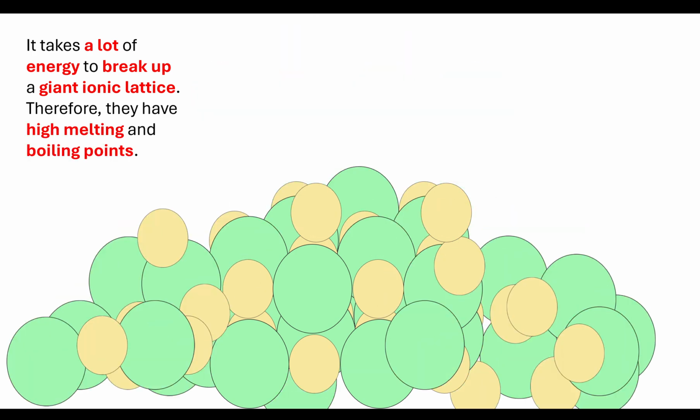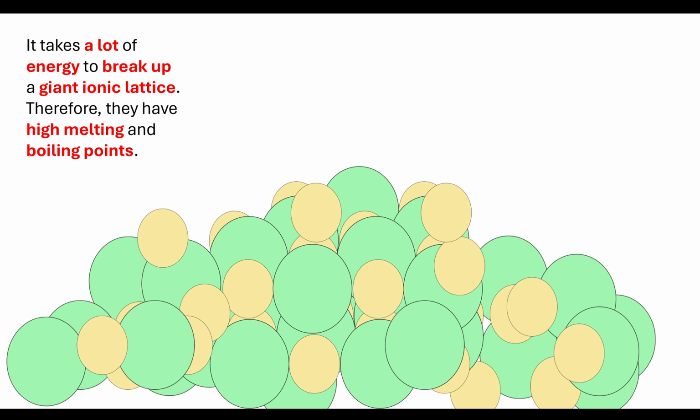Now, this giant lattice, if I think about my salt, is a solid. So it's a solid because it takes a lot of energy to break up this giant ionic lattice. And therefore, because it takes a lot of energy, they have a really high melting point.